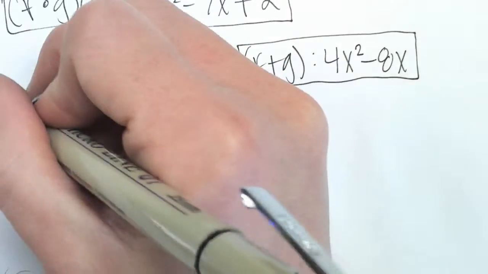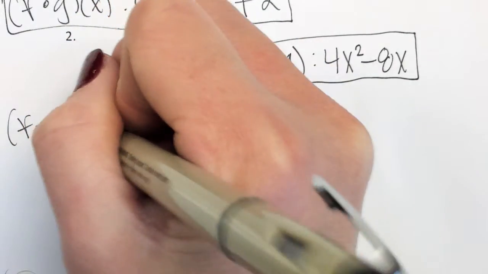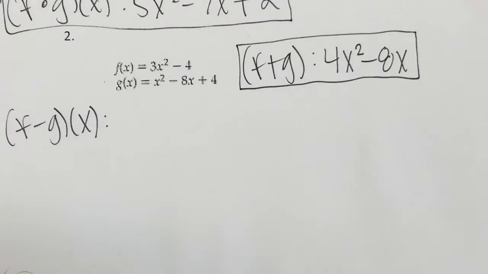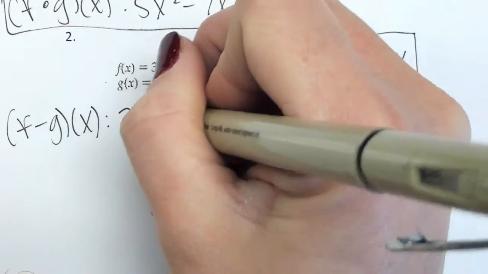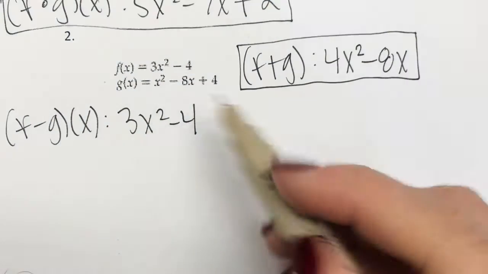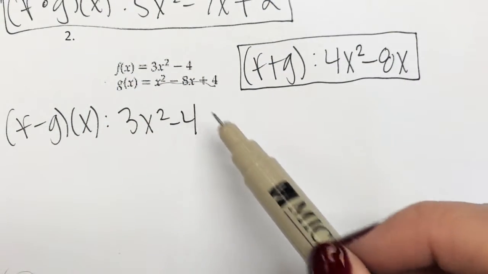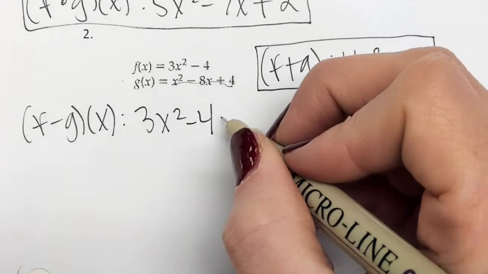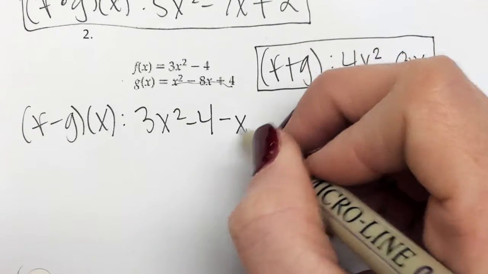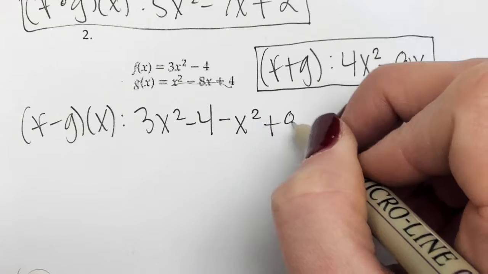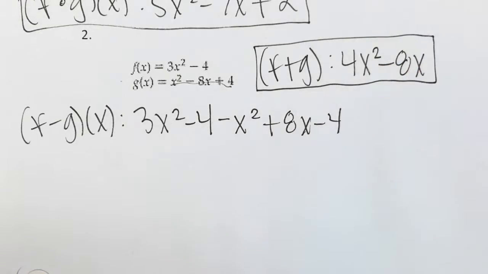Alright, f minus g. I just have to change the signs of which function? Yes, so I'm going to leave f the same. 3x squared minus 4. Connor, tell me how to write all of this. Down here when we're subtracting. Negative x squared plus 8x minus 4. Very good.